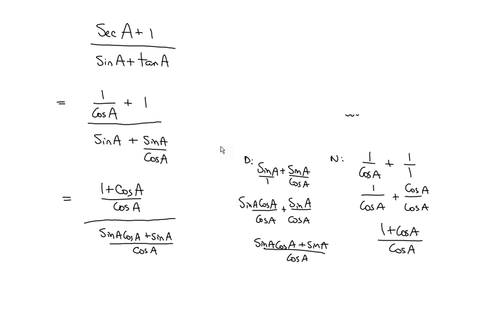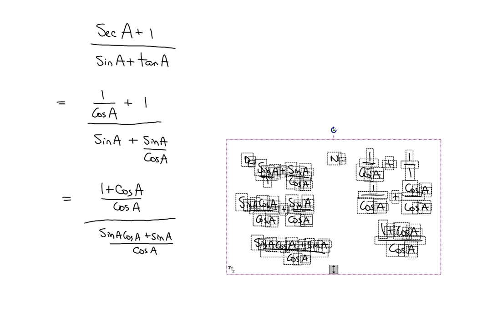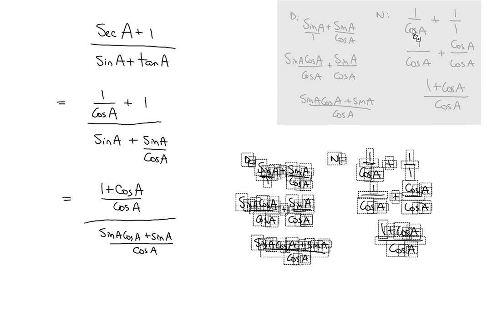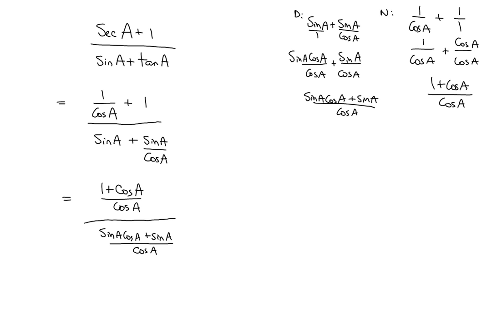Let me take this and move it up to the top. So those of you that are still copying it can copy it. How's that? So now what we have is 1 plus cosine of A over cosine of A, that's the numerator, times the reciprocal of the denominator: cosine A over sine A cosine of A plus sine of A. What's that?